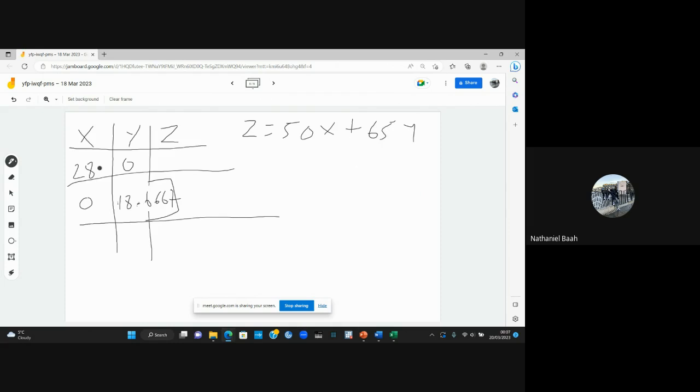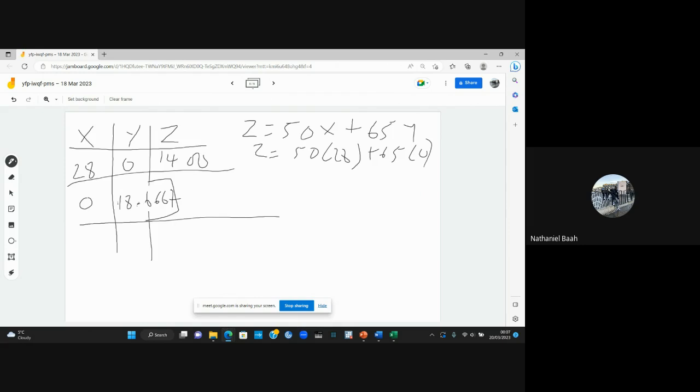So when x is 28, what are we going to get? Y is 0. So we are going to get z equals 50 multiplied by 28 plus 65 multiplied by 0. And so 50 multiplied by 28 will give us 1,400 here. Good.